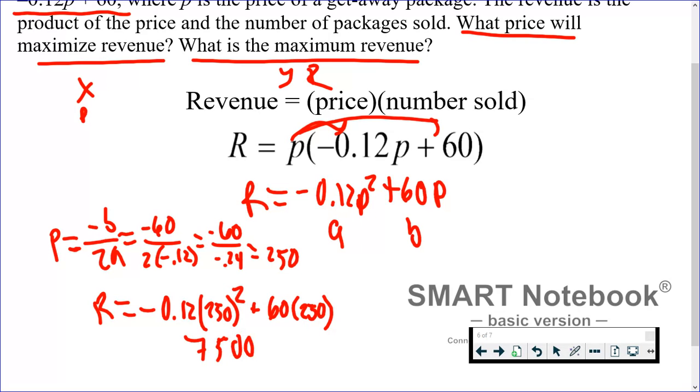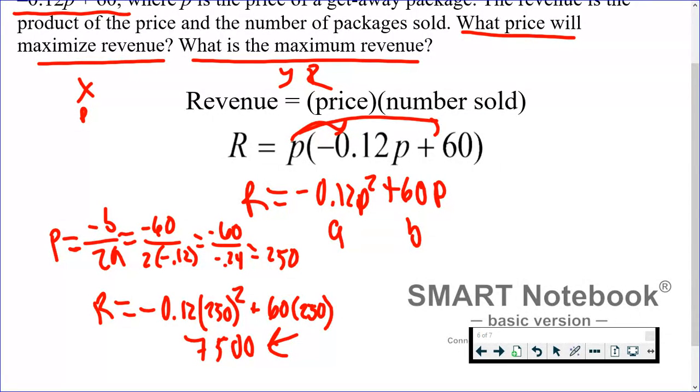So again, your answers to the question: the price that will maximize revenue is $250. The maximum revenue will be $7,500.